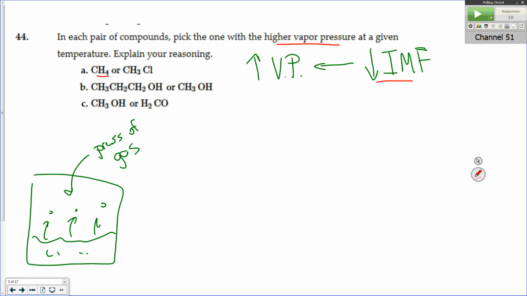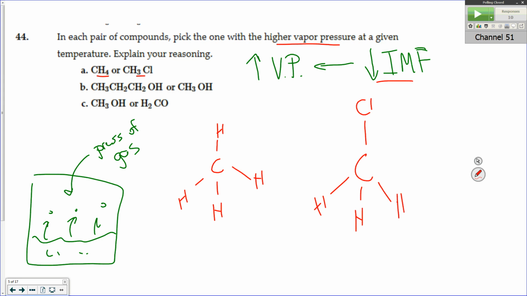If we look at this first pair, and I'm just going to do one of these for our comparison, they both have carbon with 4 things attached. One has 4 hydrogens, the other one has 3 hydrogens and a chlorine. Because this one's symmetric, it's equivalent all the way around, that means it's a nonpolar molecule.